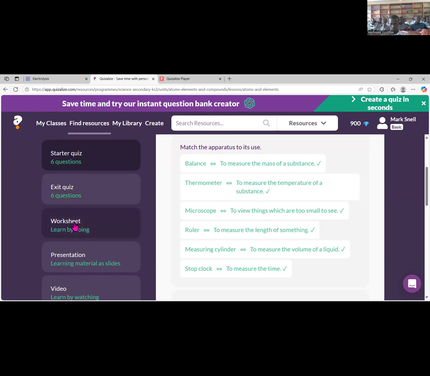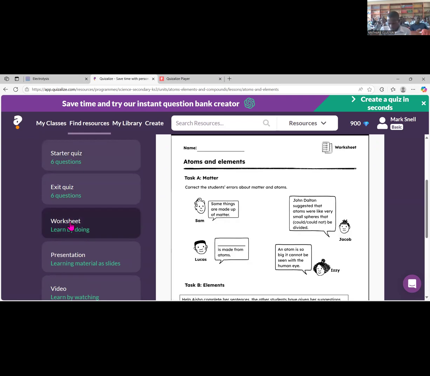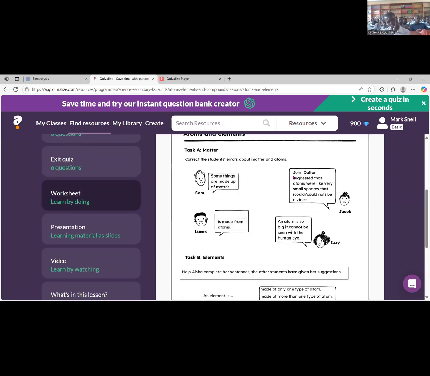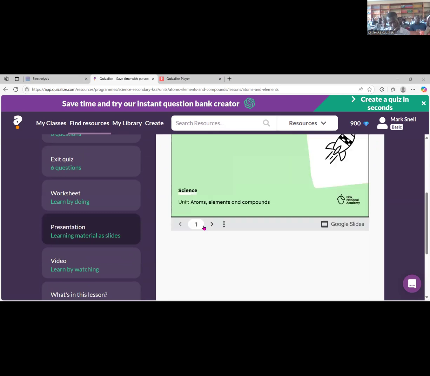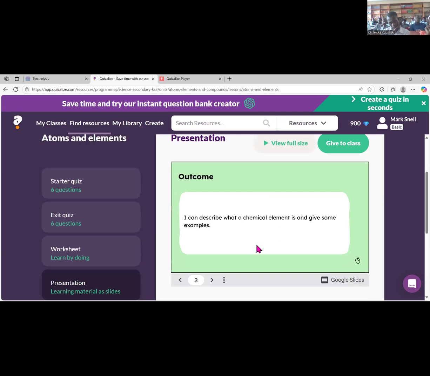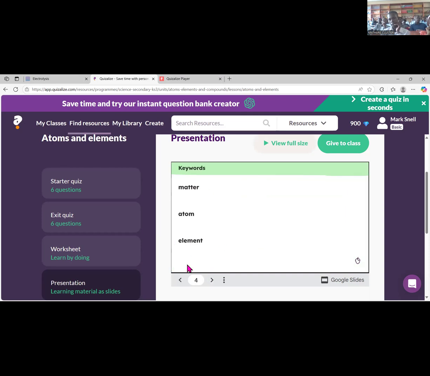Then there is a worksheet which they can do, which you can print out one version or show it on the board. There is a presentation, which somebody will go through with you. So there is a presentation which goes through, yeah, this is what you are meant to be able to do. This is for 13-year-olds. Here are the key words I need to know, and so on.